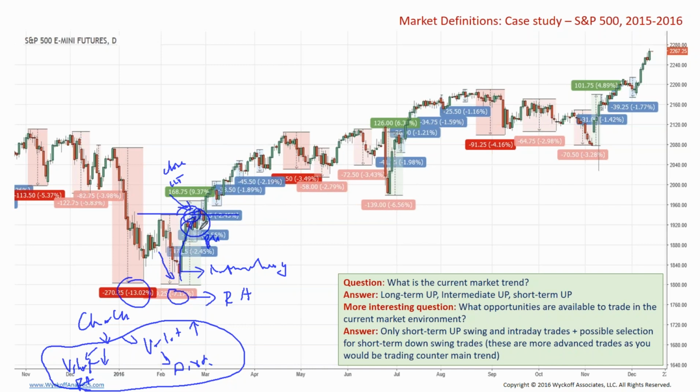If or when the backup action is confirmed, we are going to keep this position for further gains, and therefore our time frame is going to switch from an intraday point of entry to a short-term swing trade to a long-term swing trade. And this is what I call a universal trader.